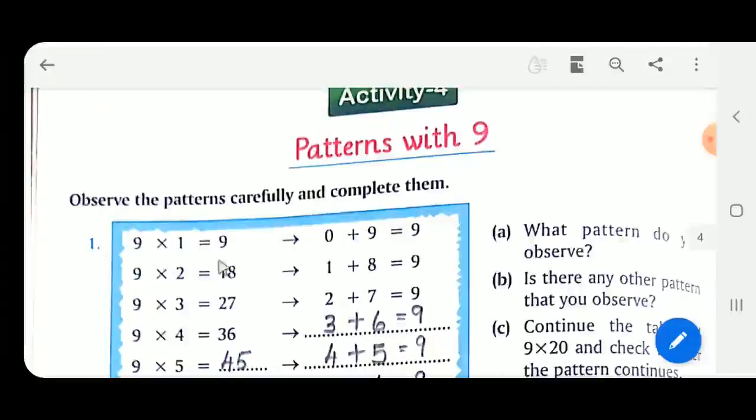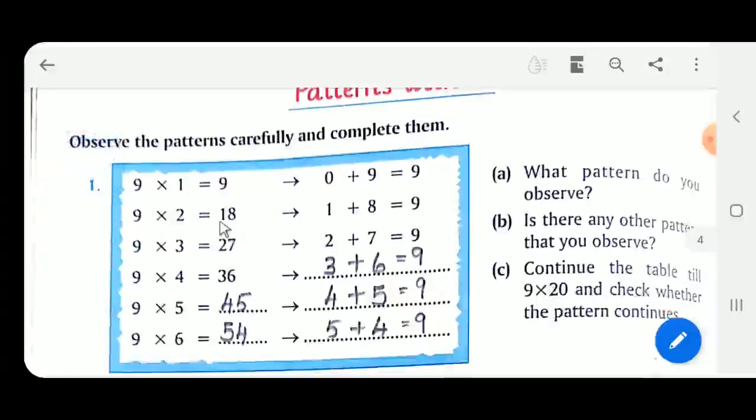Then activity 4, it is pattern with the 9. See, the table of 9 is written here, and here 0 1 2, what is the next? 3 will come, 4 and 5. Then 9 8 7 6, it is a backward counting. After 7, before 7 it is 6, then 5 and then 4.